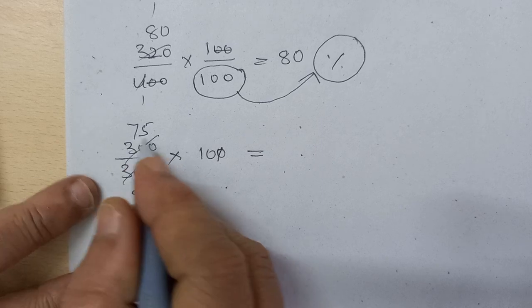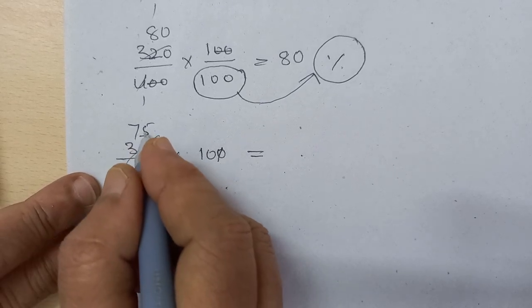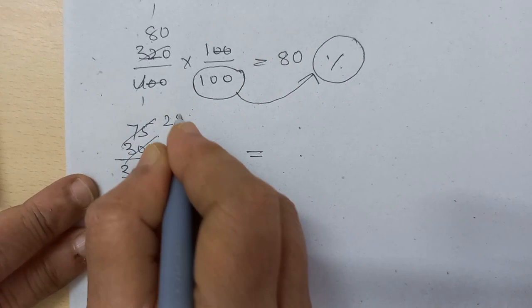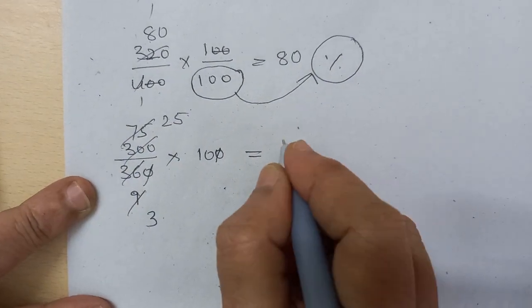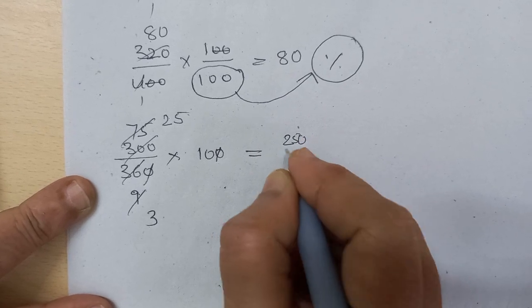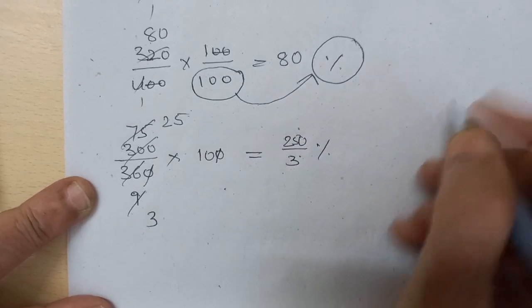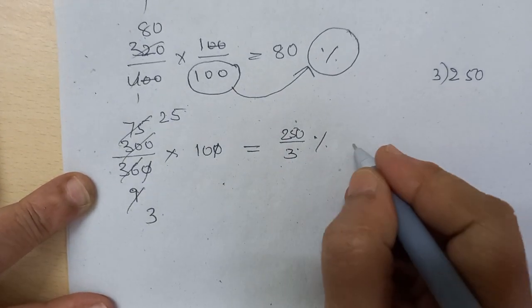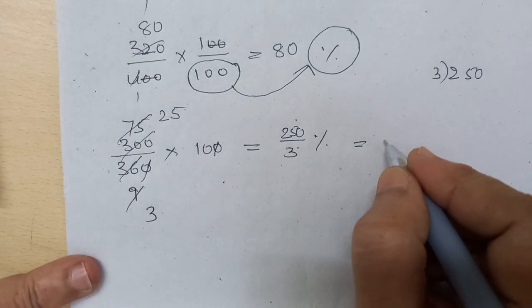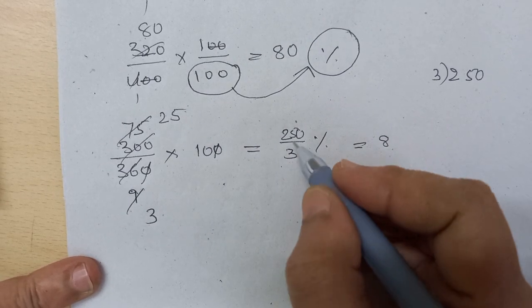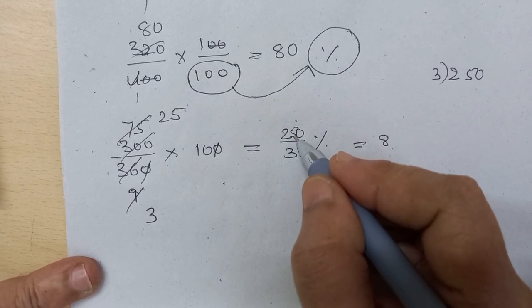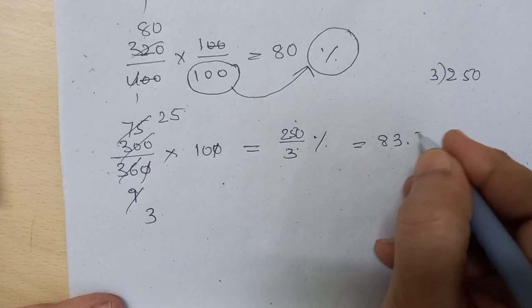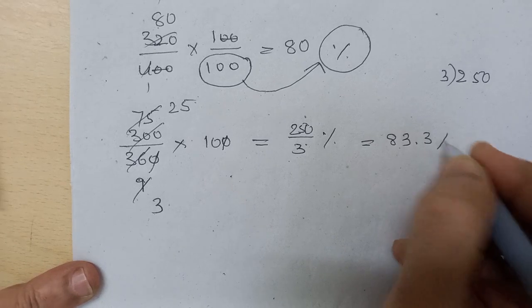Can we divide 75 by 3? Yes. Now we have 250 upon 3%. How to write this? 250 divided by 3. 3 8s are 24, 1 is remaining. 3 3s are 9, 1 is remaining. 3, 3, 3, you will get the percent.